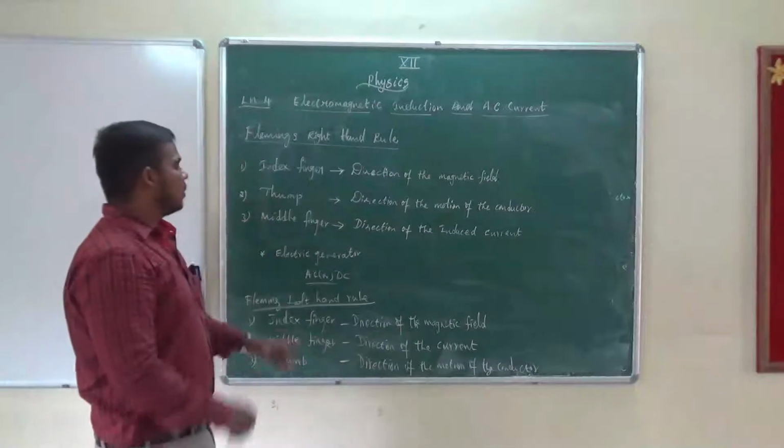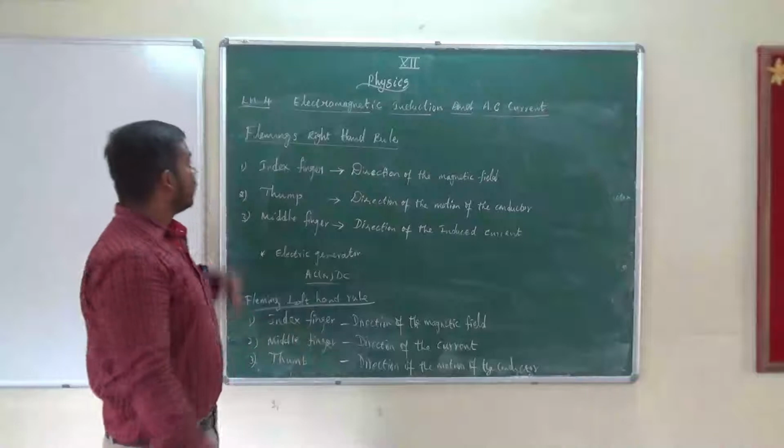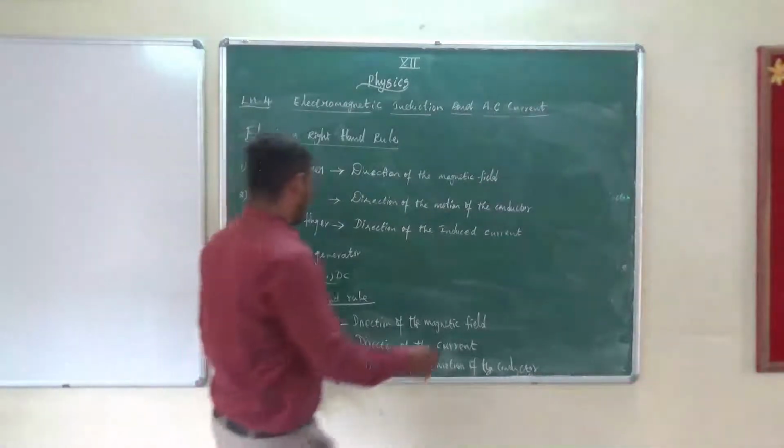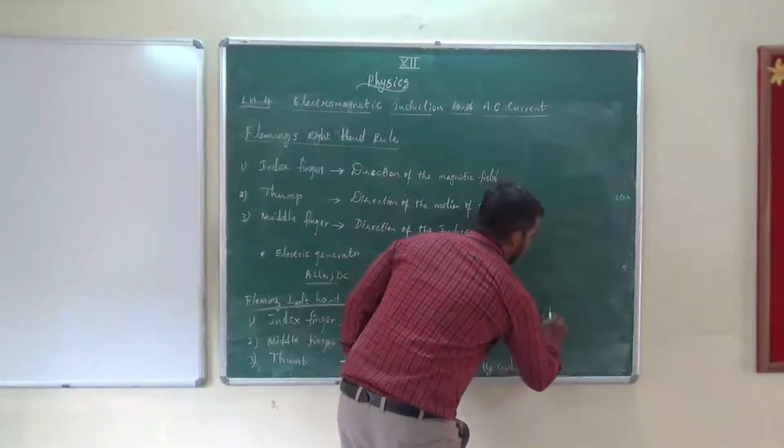See the board: Fleming's right hand rule is there, Fleming's left hand rule is there. Fleming's right hand rule is used in the electric generator, AC or DC. The Fleming left hand rule is used in the electric motor.